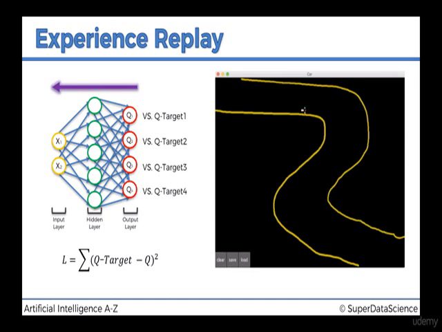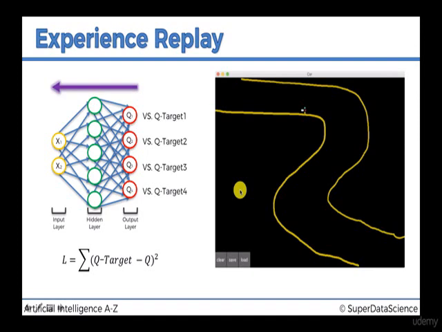And so it takes all those experiences, passes them through the network, and it learns. That way it breaks the pattern of that bias which comes from the sequential nature of the experiences if you were to put them through the network one after the other. So that's the main focus of experience replay. That's the problem it addresses.